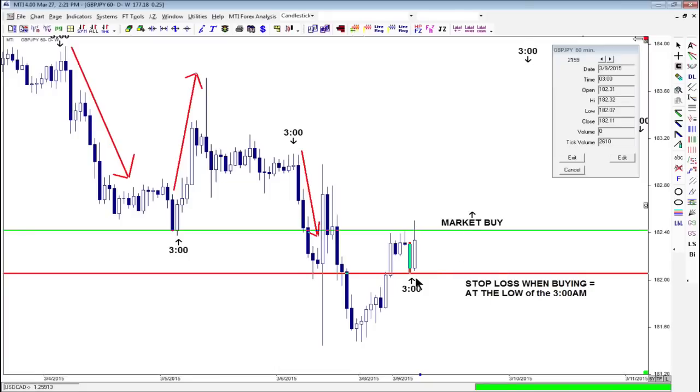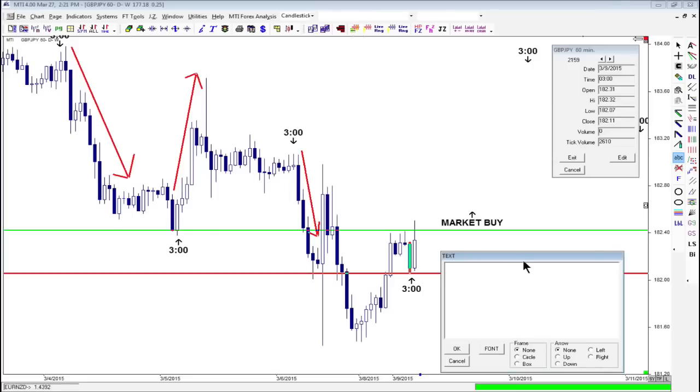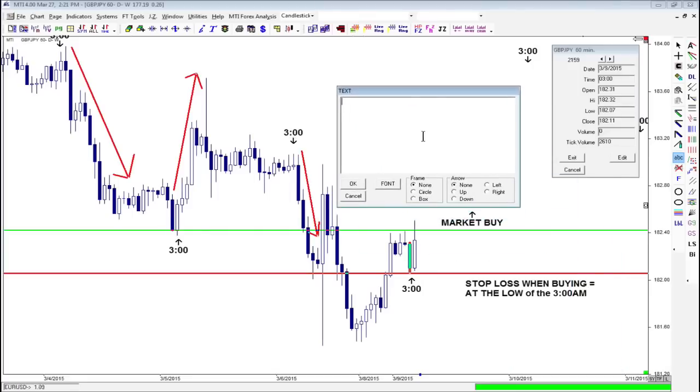We are now in a market buy position, and we have our stop loss at the low of that 3 a.m. candle. So now let me explain our target here. The target that we're going after is going to be plus 50 pips minimum.